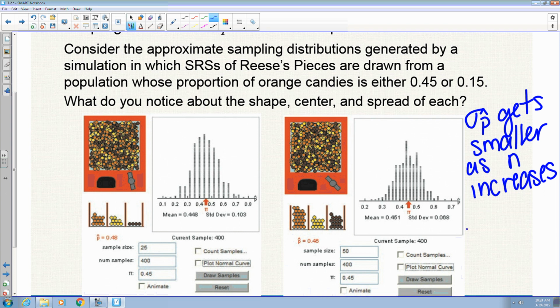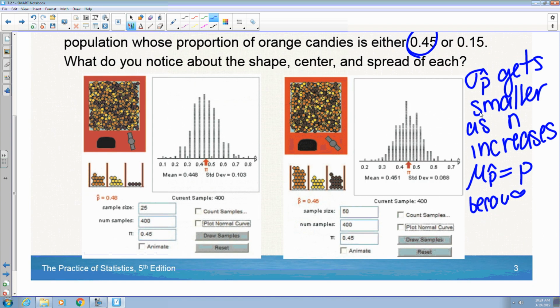And it looks like the mean of the proportion gets closer and closer to the population proportion, 0.45, because we have an unbiased estimator. P hat is unbiased. So the larger the sample size gets, the closer the mean gets to 0.45, the true population proportion.